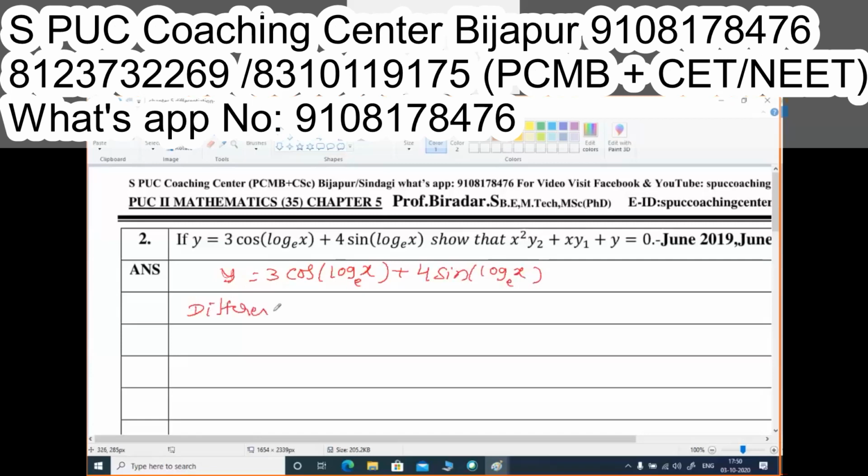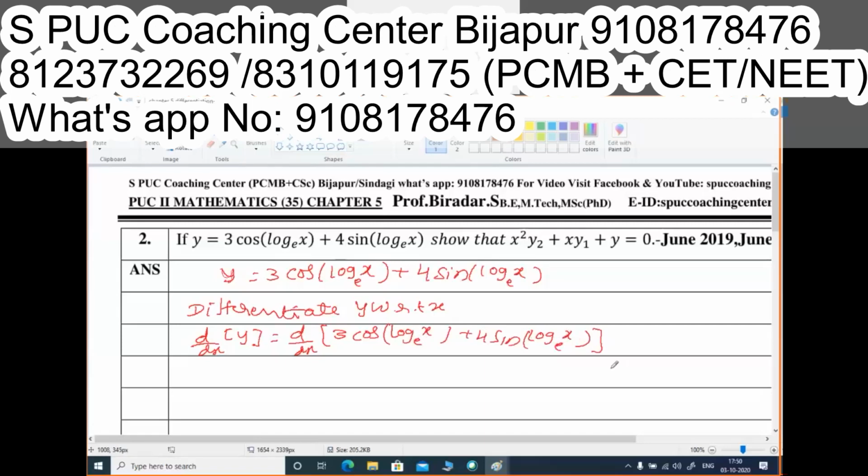Differentiate y with respect to x. That is going to come out as d by dx of y, which is equals to d by dx of 3 cos log x to the base e plus 4 sine log x to the base e.